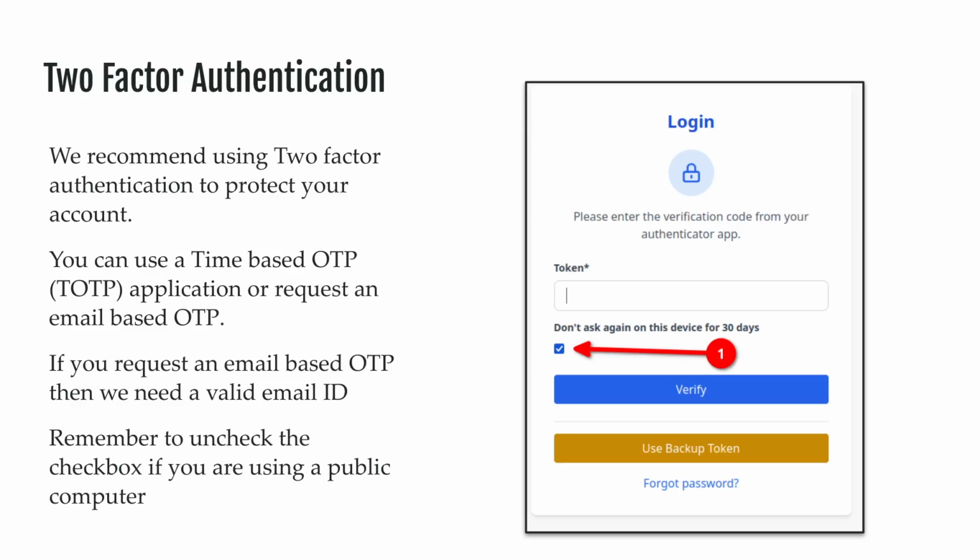Alternatively, you can use a time-based OTP application like Google Authenticator to request an OTP on your device. This allows you to log in without requiring a separate email. If you do not want this device to be remembered, then please remember to uncheck the box because this is particularly important as a security measure in public computers.